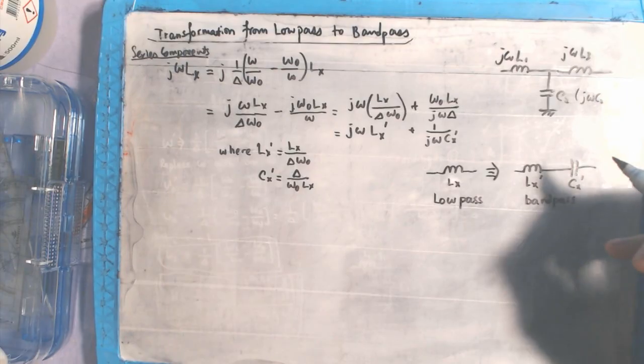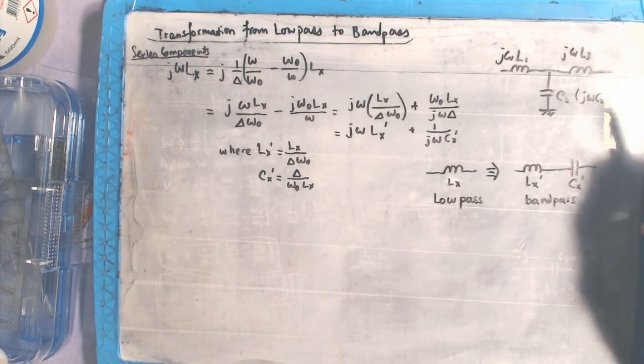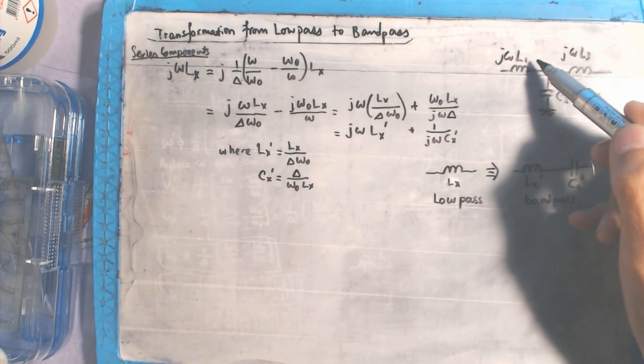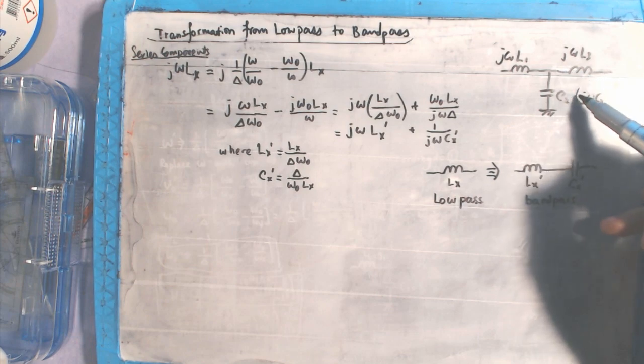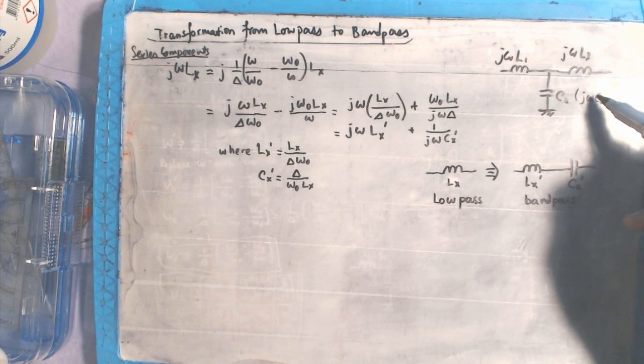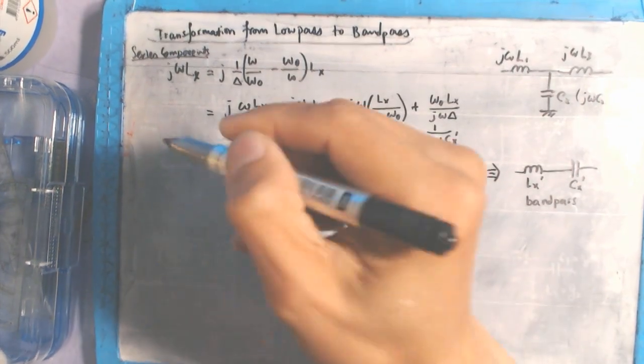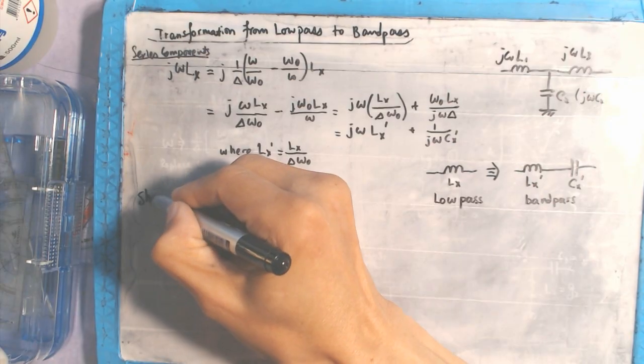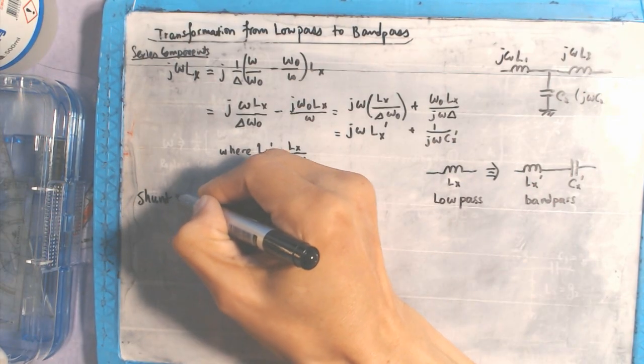Now we have already tackled the series component, but how about the shunt component? The shunt component has a susceptance J omega C. So we are going to do it as well. Shunt components.